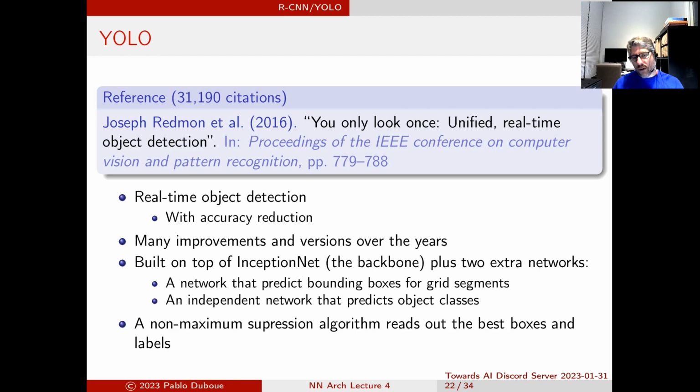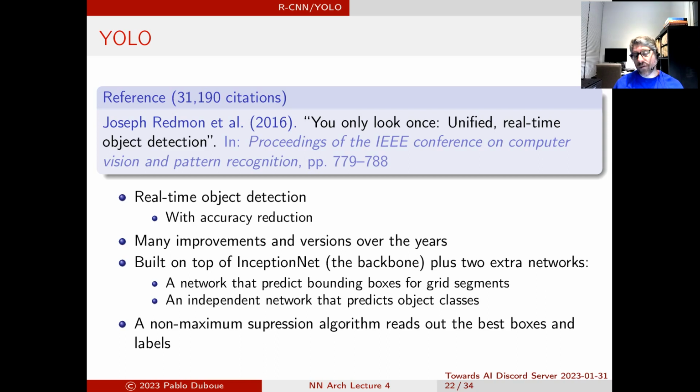However, because you are only running one neural net, that runs into some accuracy issues. YOLO has gone through many improvements and versions over the years. I think the last version is YOLO version 7, and it has become more accurate and been able to handle more issues. Yes, we are just going to discuss the original version of the algorithm.